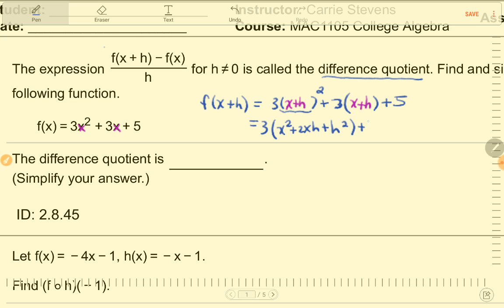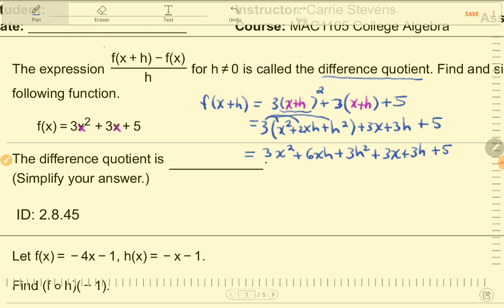Then distribute the 3 and bring down the 5. And then I will distribute this 3 into the 3 terms in my first quantity. 3x squared plus 6xh plus 3h squared, and bring down the rest. And then see if there's anything that I can combine.